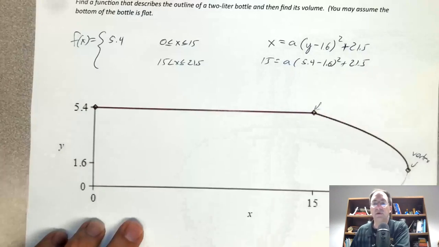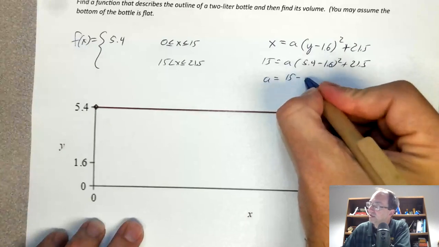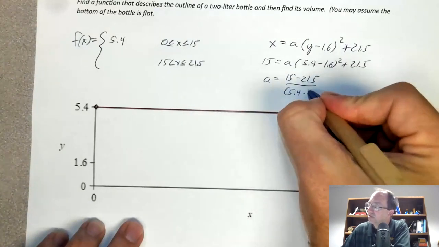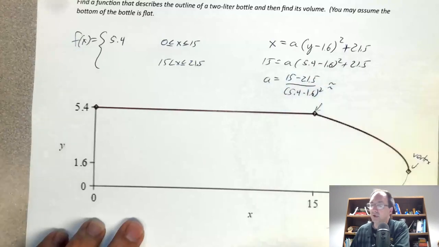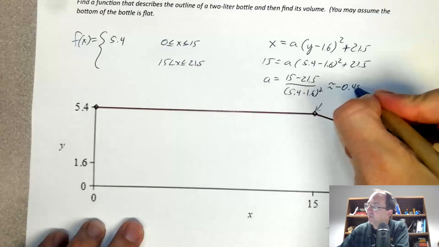So a is going to be 15 minus 21.5 divided by the quantity 5.4 minus 1.6, squared. And if you work that out, you get around negative 0.45.